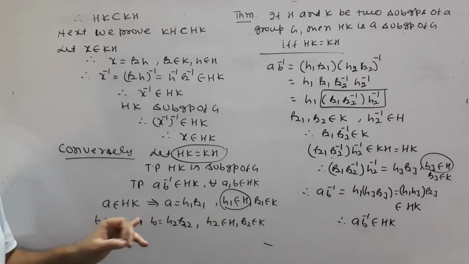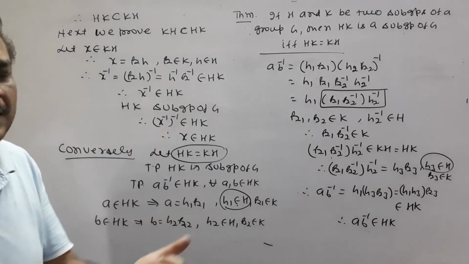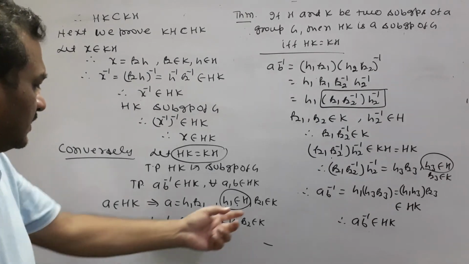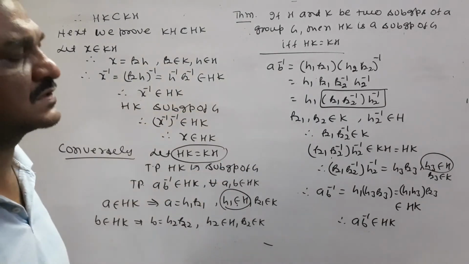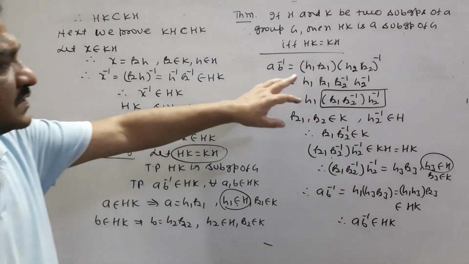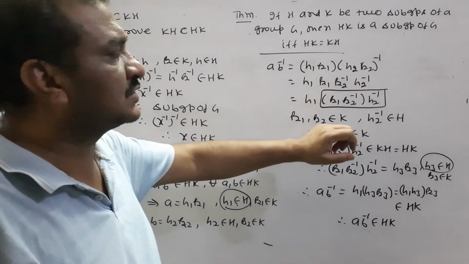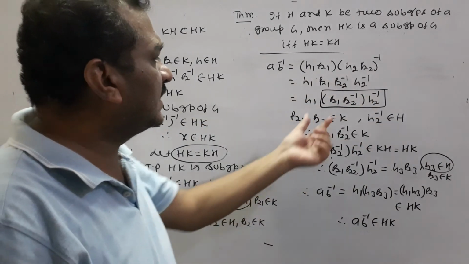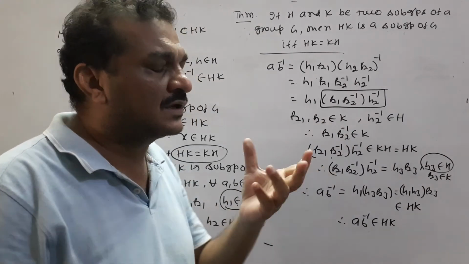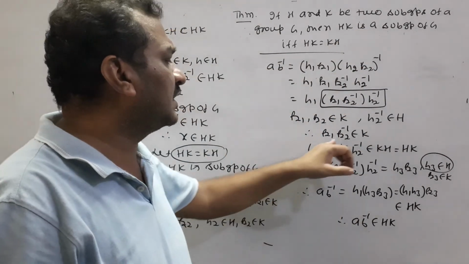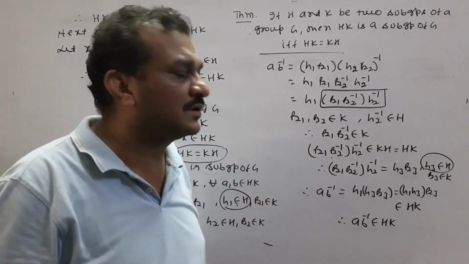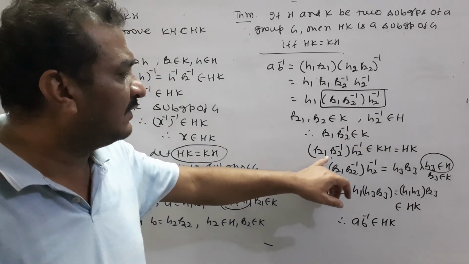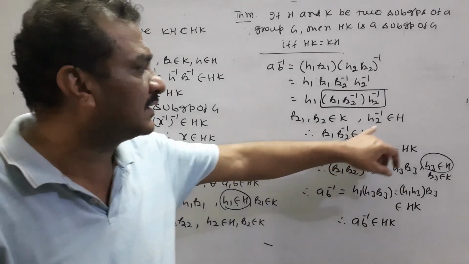So a belongs to HK, with elements like h1 k1, h2 k2, h3 k3. h1 belongs to H, k1 belongs to K, b belongs to HK, then b equals h2 k2, h2 belongs to H. Then a b inverse is h1 k1 k2 inverse h2 inverse. k1 k2 inverse belongs to K, K is a subgroup. h2 belongs to H, H is a subgroup, so the inverse also belongs to H. So k1 k2 inverse h2 inverse belongs to KH.